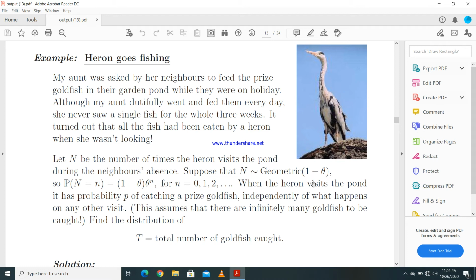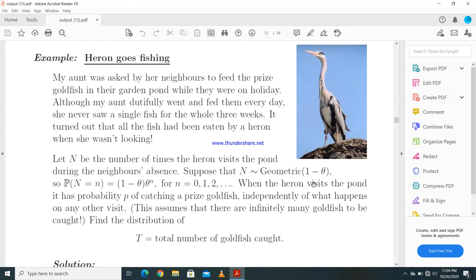So what is the success? There is no fish remaining in the pond. So if you take theta as the probability of eating a fish or having a fish for a given day, 1 minus theta is that there is no fish in the pond, right? So if the success is having no fish in the pond, the probability of the success is 1 minus theta.